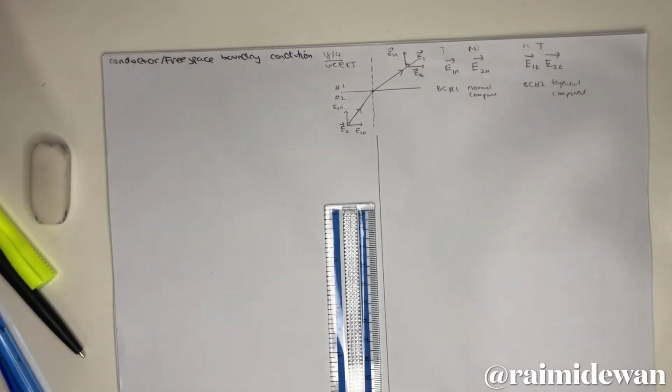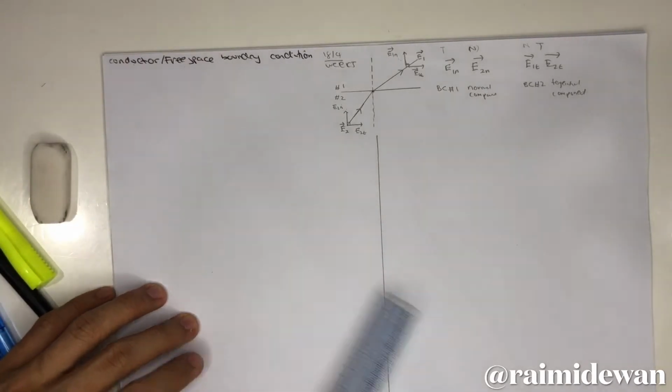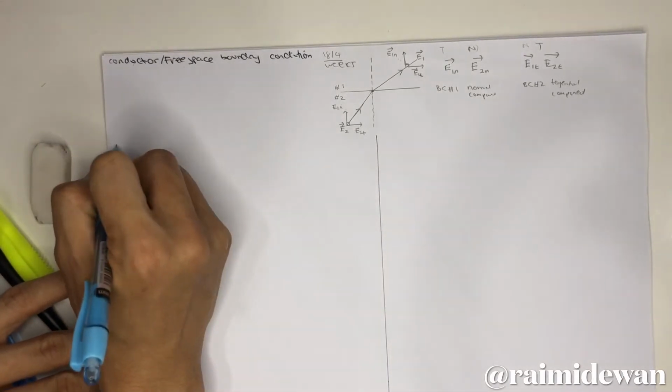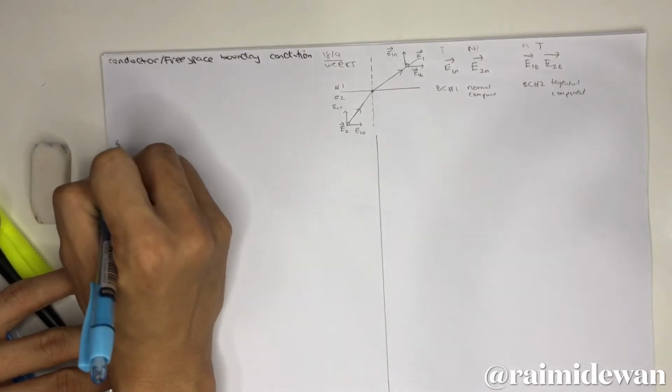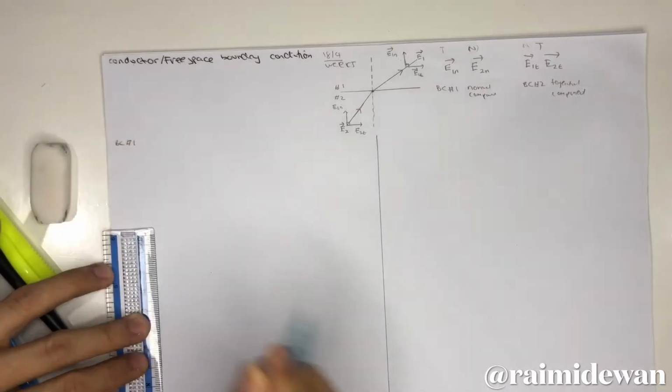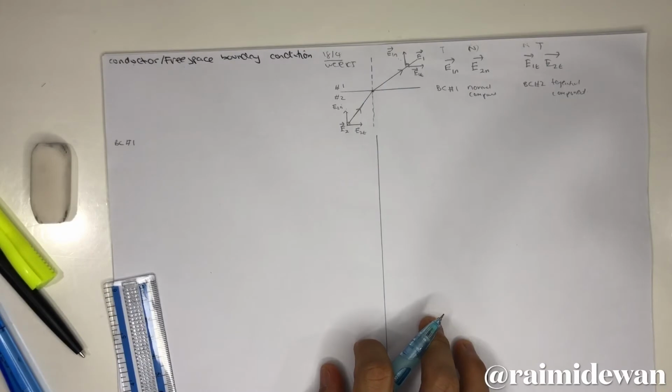Now let's say we want to settle for the boundary condition 1 first, which is the normal component. I hope it's clear.